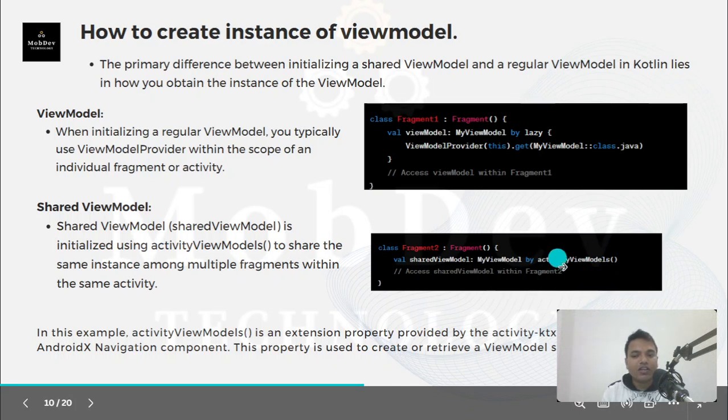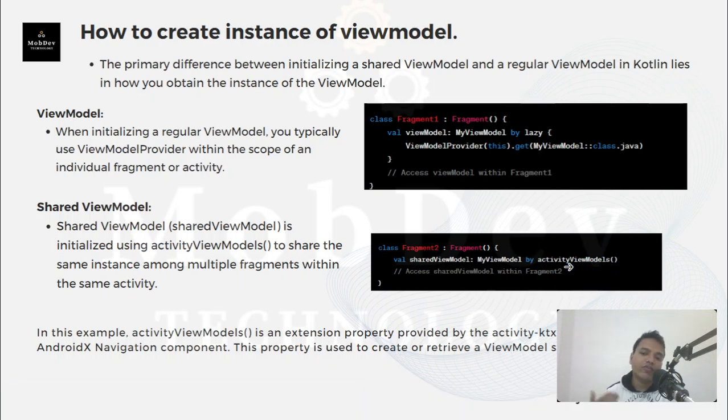By the help of it you will get the same instance of the ViewModel which is on your activity. So for generating the instance of a shared ViewModel you will use the by delegate, and this is the difference.